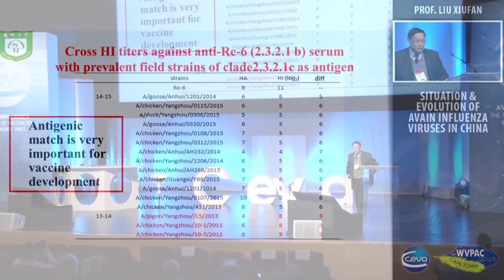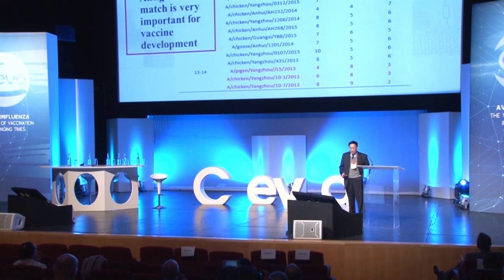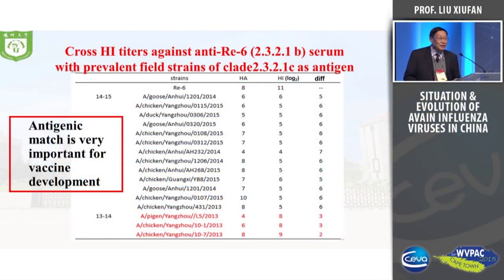This slide shows you the cross HI titer of anti-RE6 serum against the prevalent field strain, the dominant strain I showed you in the last slide, clade 2.3.2.1c, as the antigen.